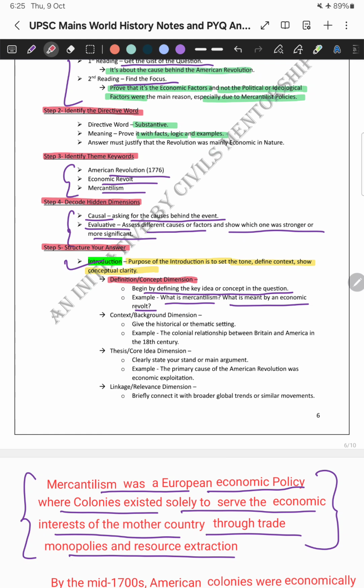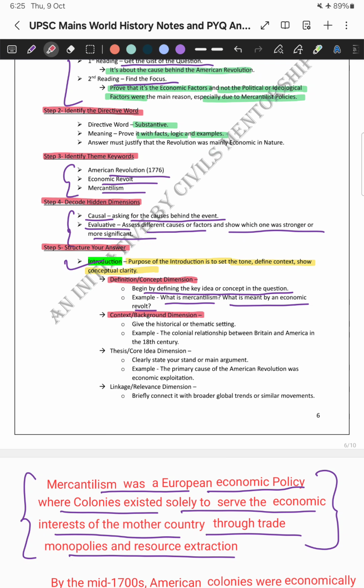Now let's move on to the next dimension, which is the context or background dimension. In this particular question, you can start writing your answer by giving certain background of the event. That is also one way of introducing your answer.